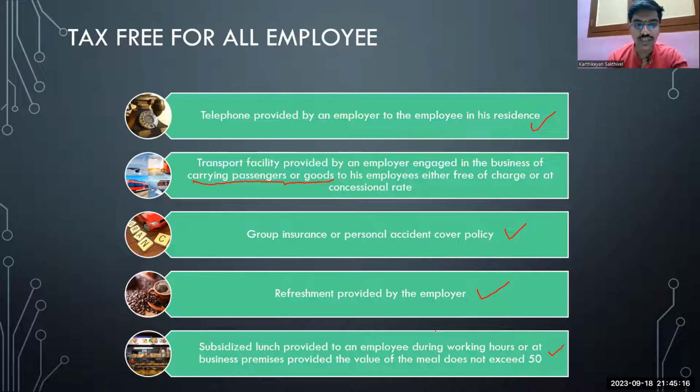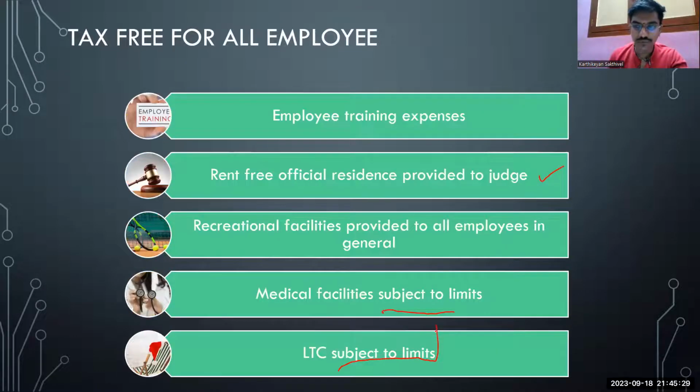Fourth one, the tea, coffee, anything which is provided by the employer to the employee is not taxable. Next is subsidized lunch which is provided by the employer to the employee. If it does not exceed rupees 50, then it is not taxable. If it exceeds 50, the amount is taxable. Next is employee training expenditure, which is incurred by the employer for training the employee. It is not taxable. Rent-free official residence provided to judges, not taxable.